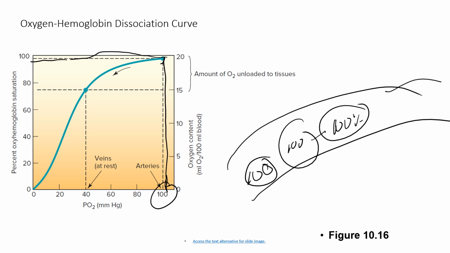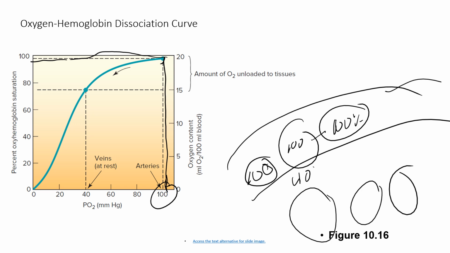What happens as this oxygenated blood goes past the muscle cells? Well, we know that the partial pressure of oxygen within the interstitial fluid around the muscle cells, close to the capillary, is 40 millimeters of mercury. What that ultimately did is what?